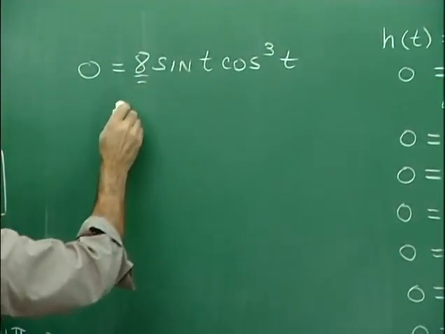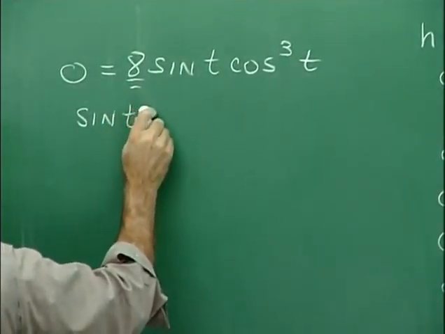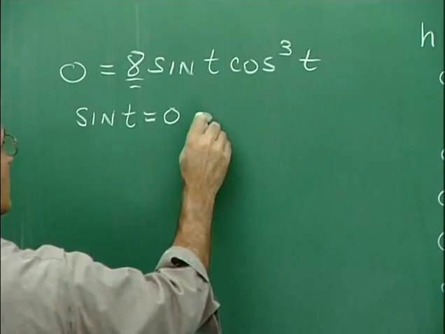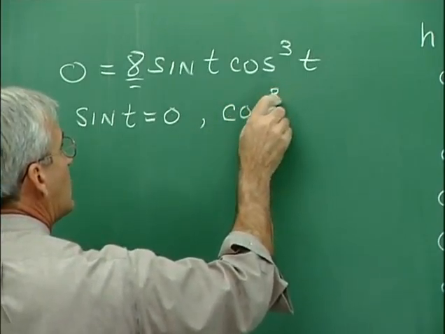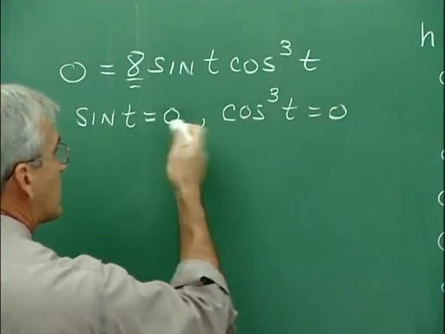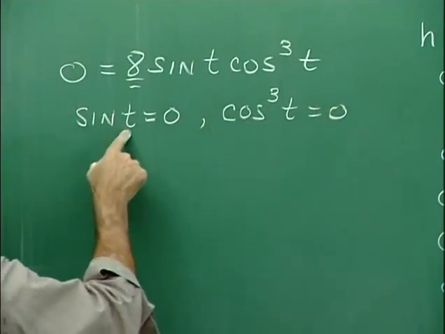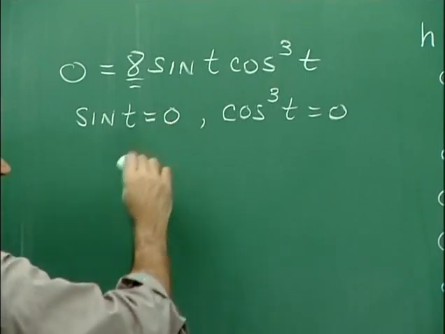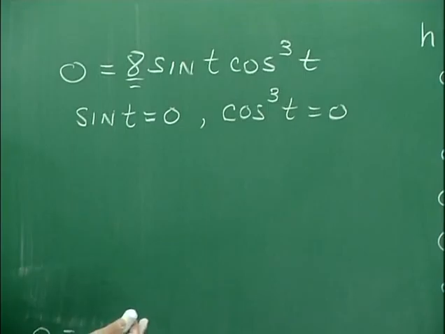Okay, we said that this makes no difference. And now we're looking for the values of t that'll make sine t equal to 0, and the values of t that'll cause cosine cubed t to be equal to 0. So we're solving these two. And both of them are fairly easy. The sine of what angle is equal to 0? Well, we're just thinking of the sine curve, and where on the sine curve do we have x-intercepts? Well, let's see.